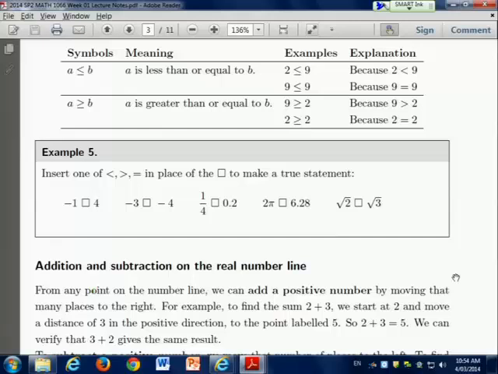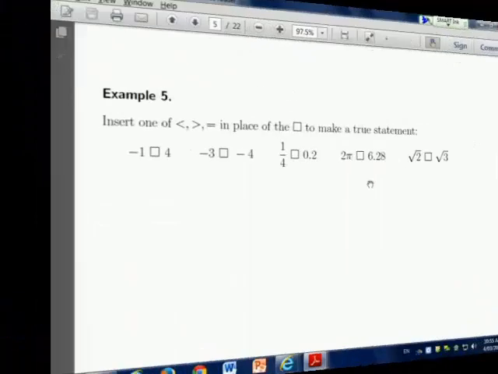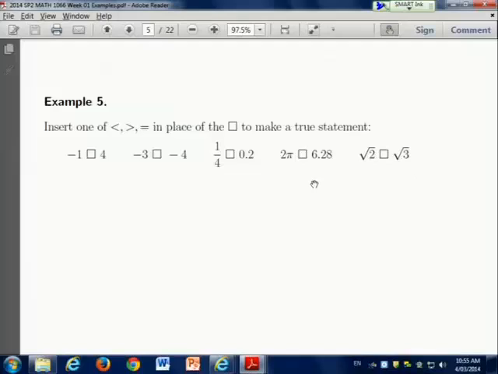Don't feel embarrassed about drawing it out and working out which number is to the left of the other number to help you work out which sign. So 1 minute, folks. All right, you might not have got to the end, but let's see how you went. So, first one, -1. Is it less than or greater than 4? Here's my number line.